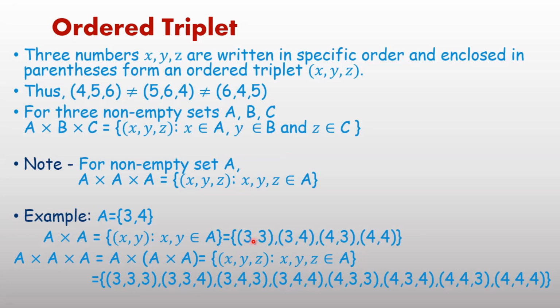So (3, 3, 3), first component is 3, then (3, 3, 4), (3, 4, 3), and (3, 4, 4). In this pattern, you will get A cross A cross A equal to (3, 3, 3), (3, 3, 4), and so on. In this pattern, all elements you can write.